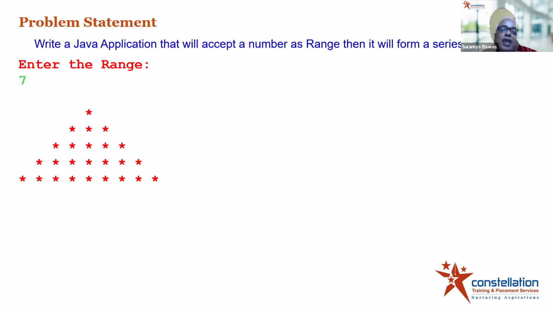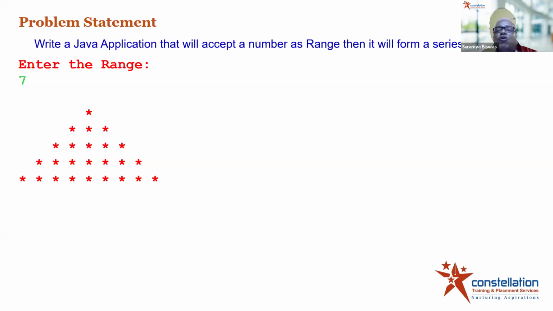So it is not like star, then the next line star star, then 3 stars, then 4 stars, then 5 stars, then 6 stars, then 7 stars, not like that. It is something like this.